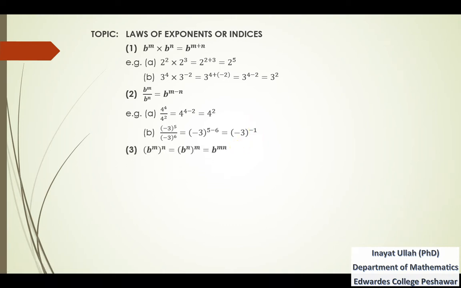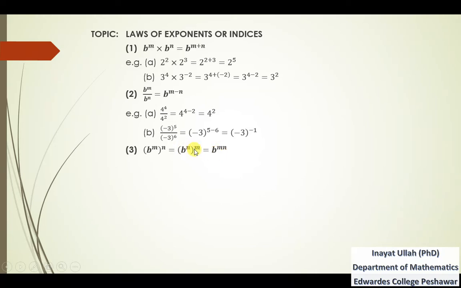The third law is whenever b power m whole power n, or b power n whole power m is there, we can write these as b power m multiplied by n.